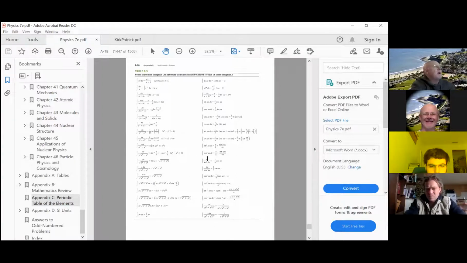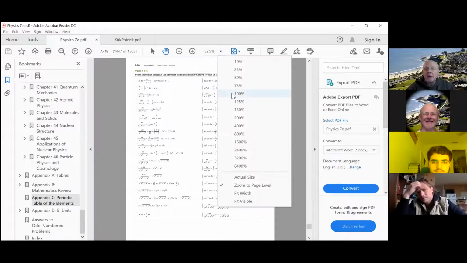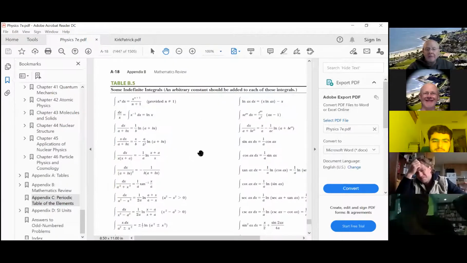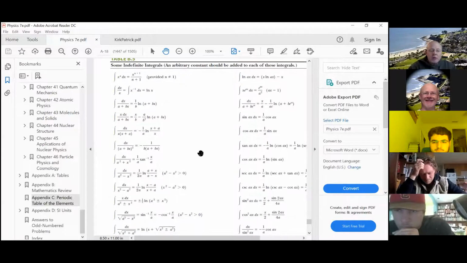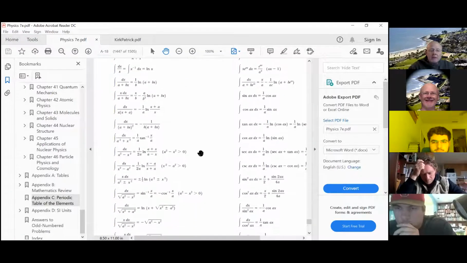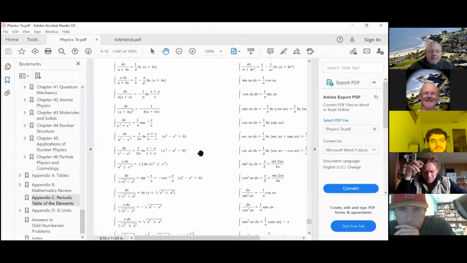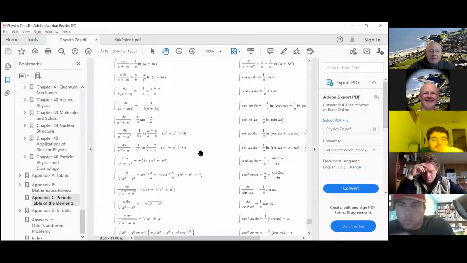Oh, and I even remember it. I had pointed it out a number of times. It's table 8B. Let me make it a little bit bigger. Let's make it 100% here. But I'm pretty sure the one we want, there it is, this one here.